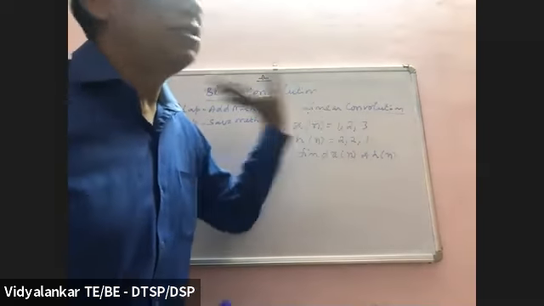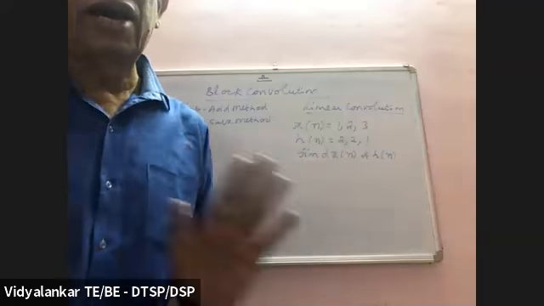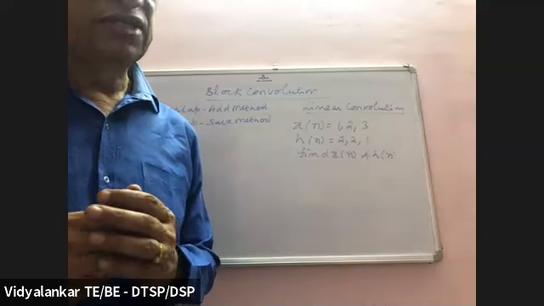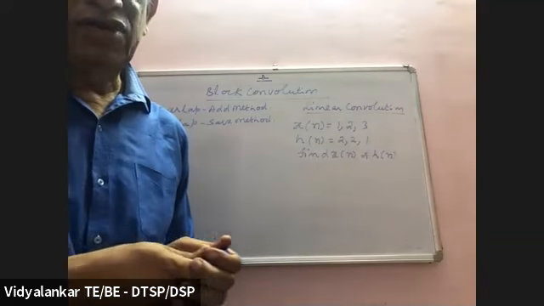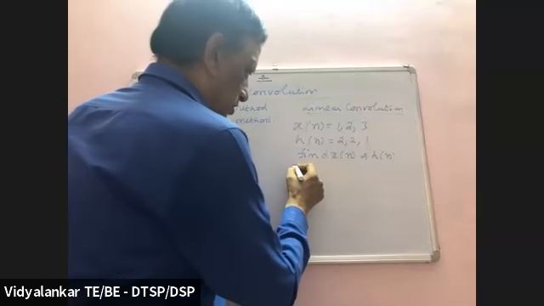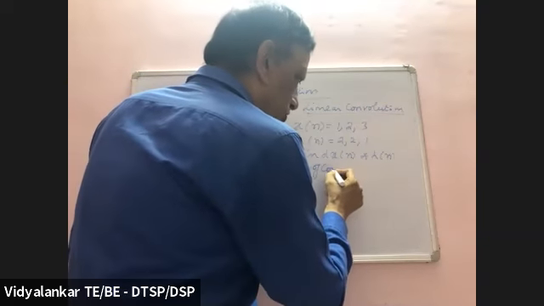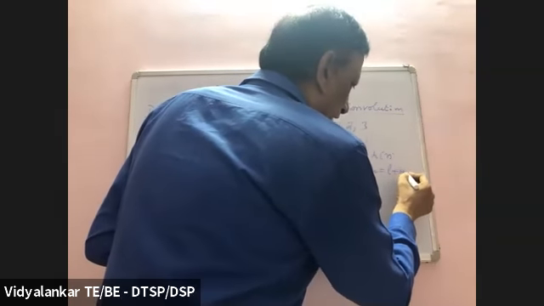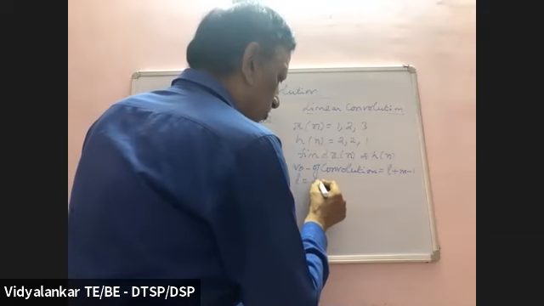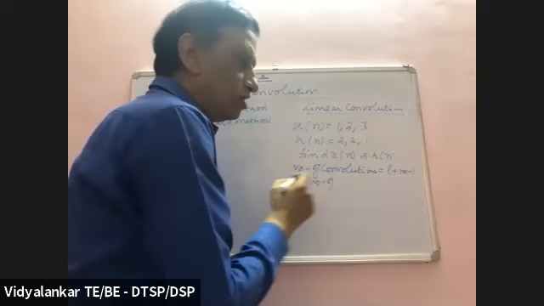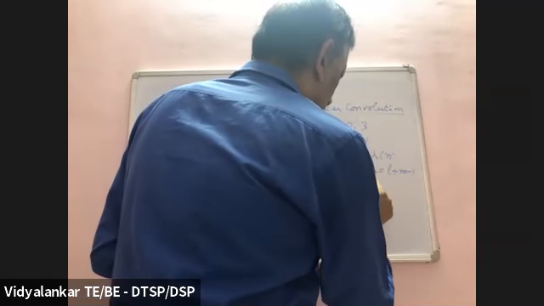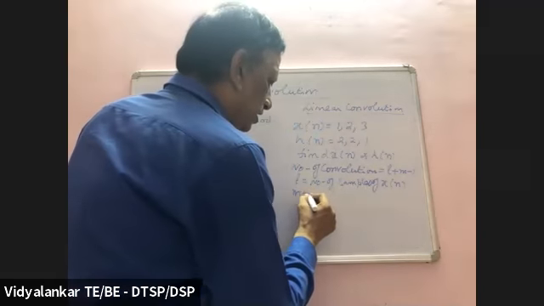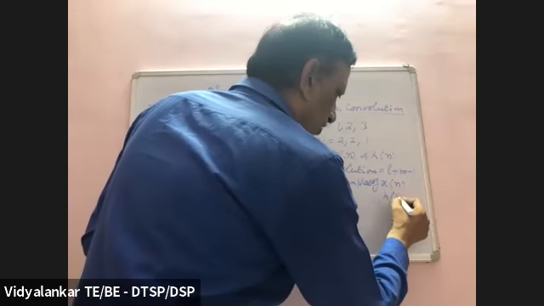That means these two signals are not periodic signals. They are not repeating. So this star also indicates it is a linear convolution. How many outputs can we get in linear convolution? The number of outputs equals L plus M minus 1. L indicates the number of samples of x of n, and M indicates the number of samples of h of n.